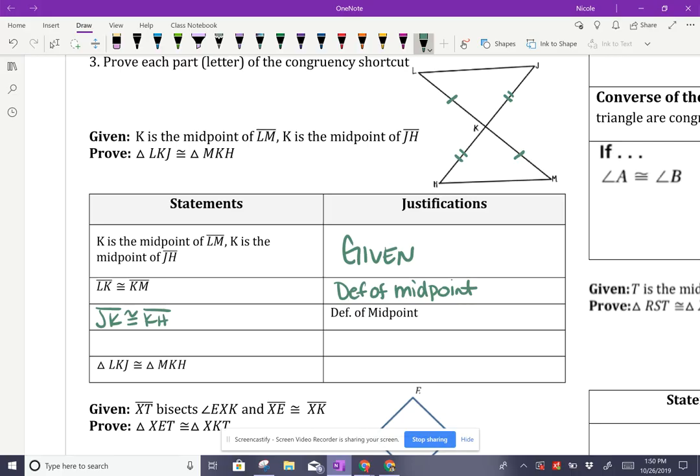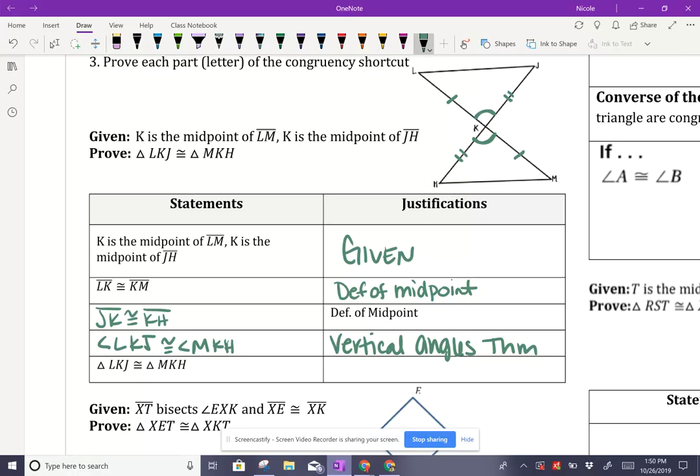So look at where your two sides are and what angle is included or in between these two. Well, we have angle LKJ and angle MKH. If I look at these two, I think they are congruent because of the vertical angles theorem. So I'm going to say angle LKJ is congruent to angle MKH.